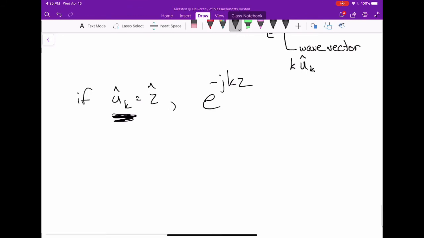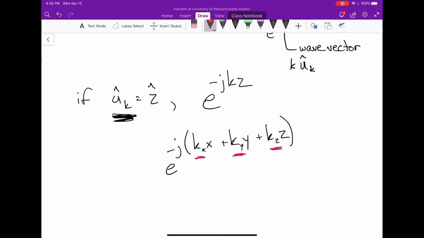And then it often ends up being e to the minus j k sub x x, that's the x component of the k vector, plus k sub y y, that's the y component of the k vector, plus k sub z z, that's the z component of the k vector. And all of these things can be found using sines and cosines of the various angles that you can use to specify u sub k.